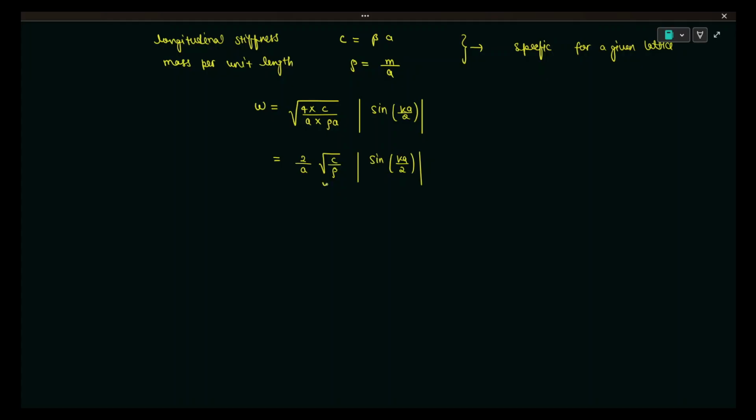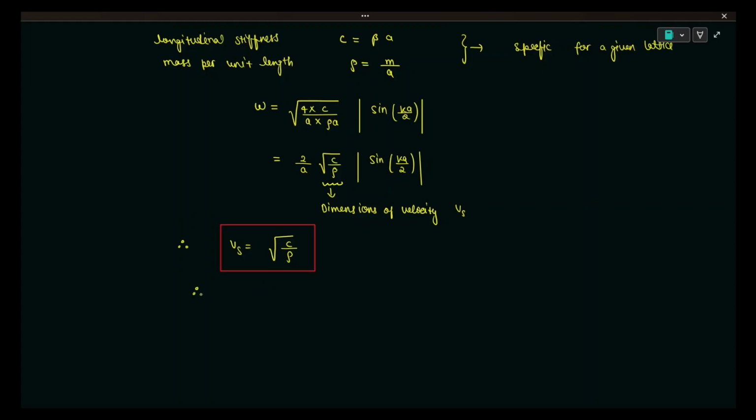Now if you notice, this under root C by rho has dimensions of velocity, and that's why we call this the velocity of sound in the lattice. So therefore Vs equals under root of C divided by rho, where C is the longitudinal stiffness and rho is the mass per unit length.